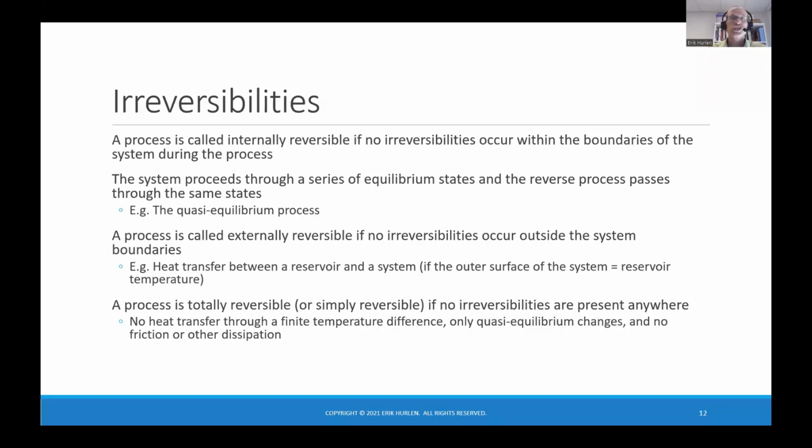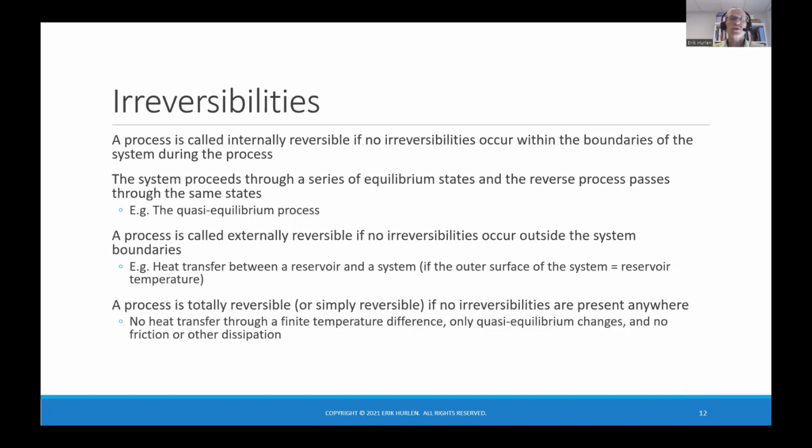Now, just to be super confusing, there are differences in entire cycles being irreversible and individual processes being irreversible. This leads to the distinction between internally reversible, externally reversible, and totally reversible processes. Internally reversible processes essentially are just looking at what is happening inside the system.